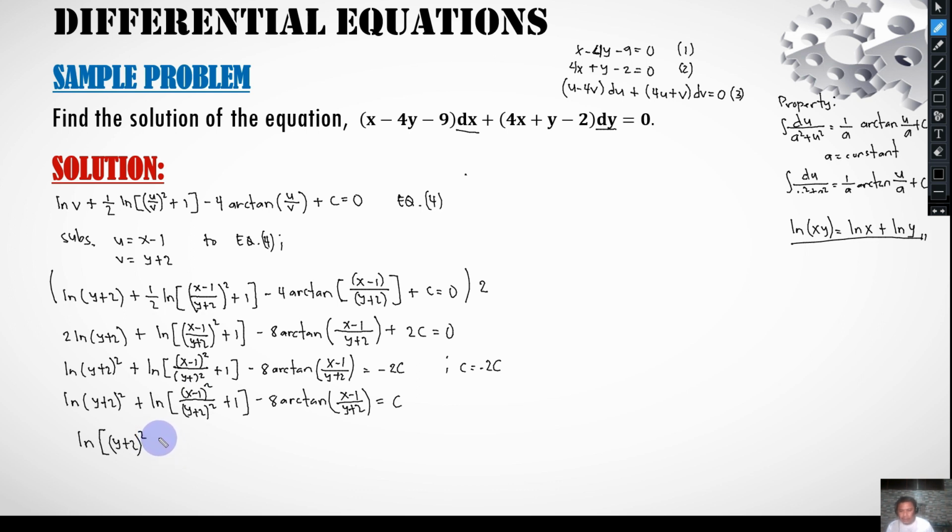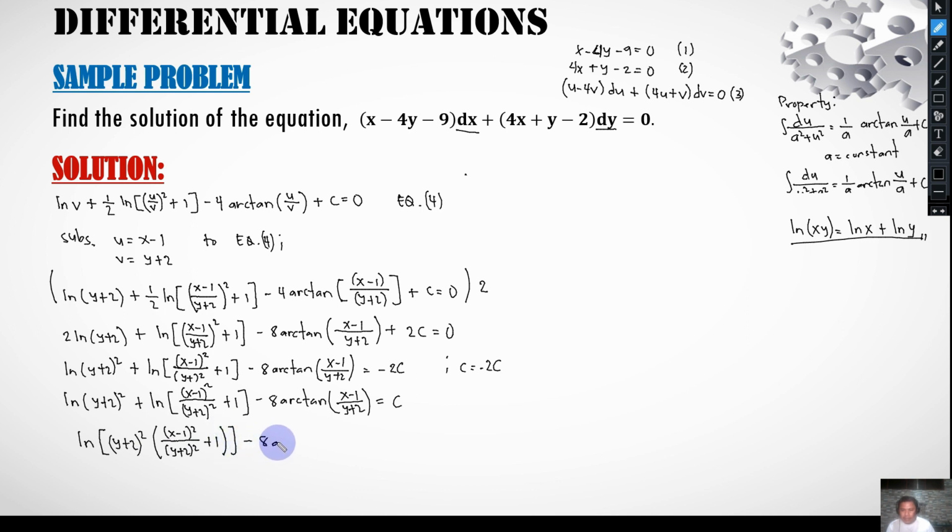Okay. So, we have now this, ganito na lang natin, students, no? So, we have x minus 1 squared over this, y plus 2 squared plus 1, no? So, quantity siya.